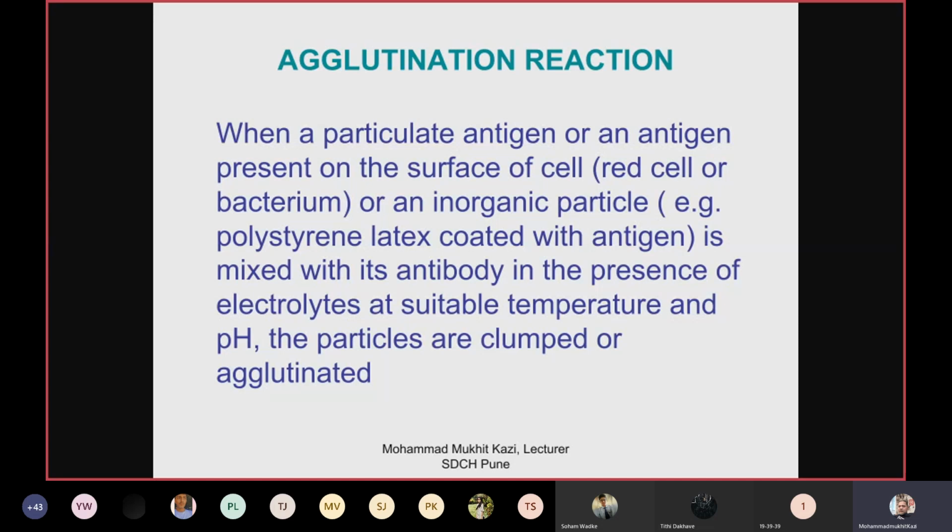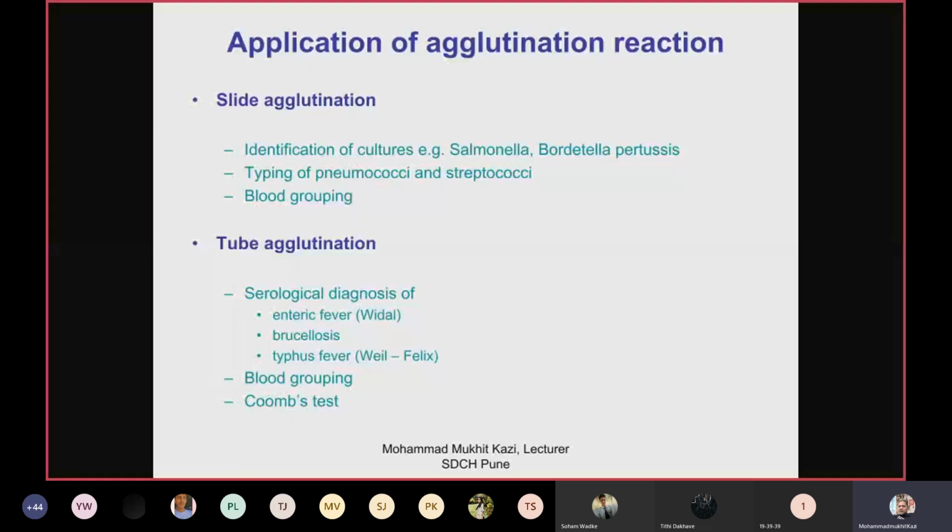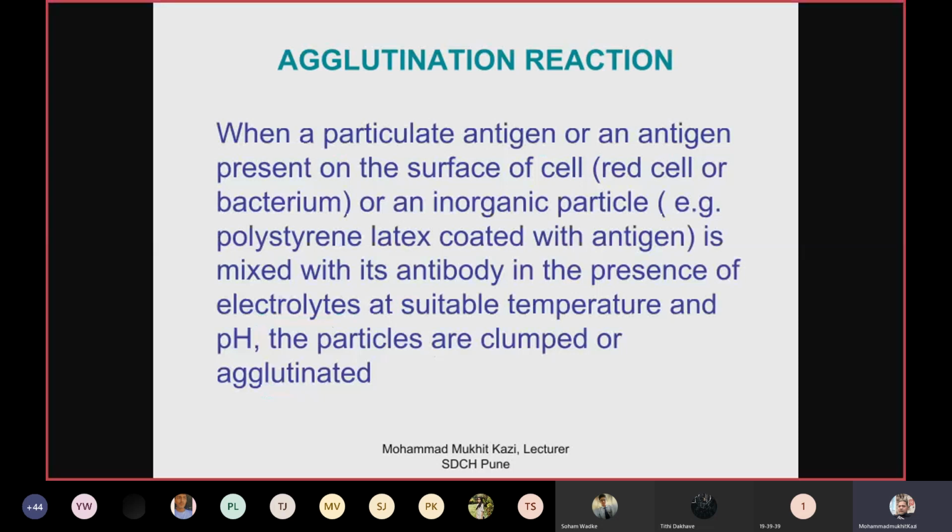Probably you have done the blood group test in your first year. You have seen the agglutination reaction. Blood grouping is the best example of the slide agglutination reaction. The only thing you need to remember here is that the antigen is particulate, insoluble. In precipitation, the antigen is soluble.